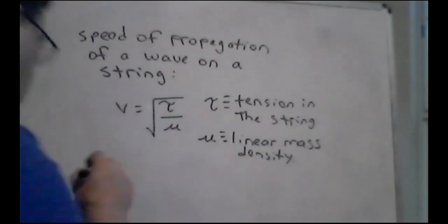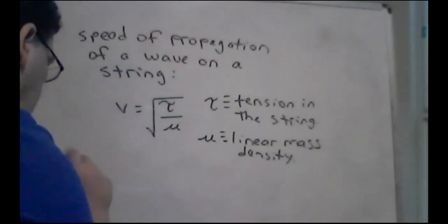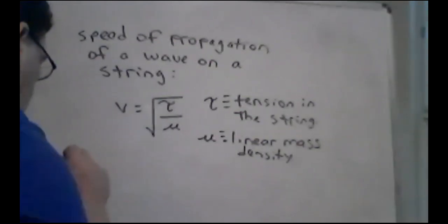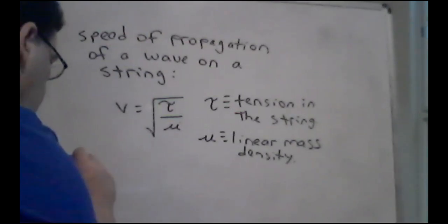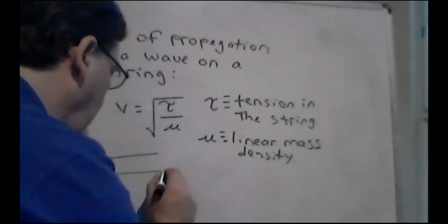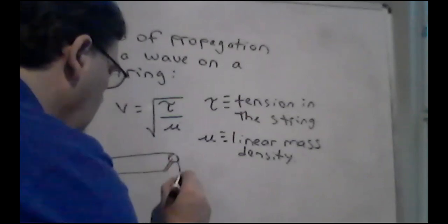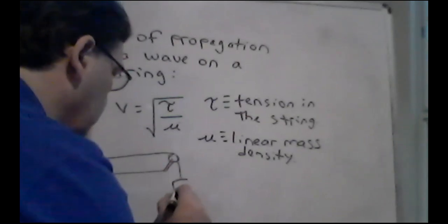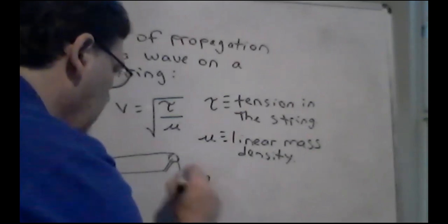Well, you'd attach the string to some sort of mechanism. The string gets taut, and here's the table, and here's a pulley. Over the side of the table is a mass, and the weight is going to be mg.